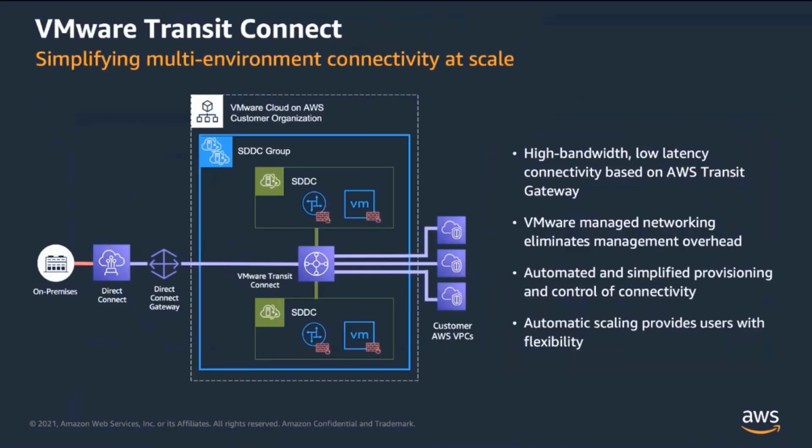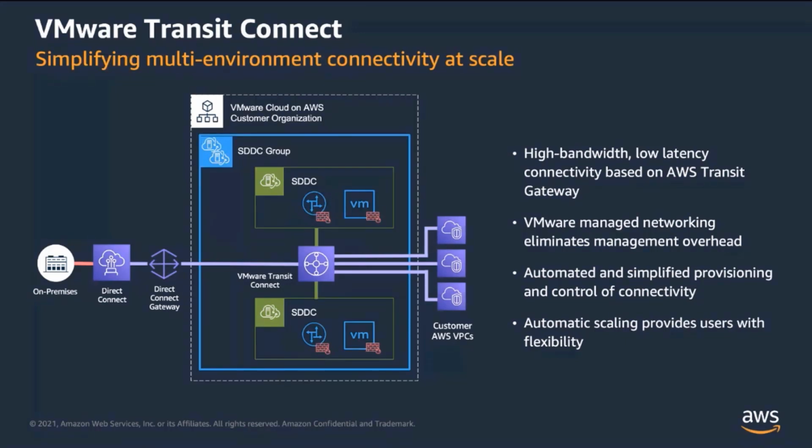As you look at scaling connectivity, one common question that we get is, hey, we've got multiple sites, we've got multiple SDDCs. How do we ensure we have a simplified connectivity model? So in order to provide this simplified connectivity model, we built VMware Transit Connect, which is based on the AWS Transit Gateway.